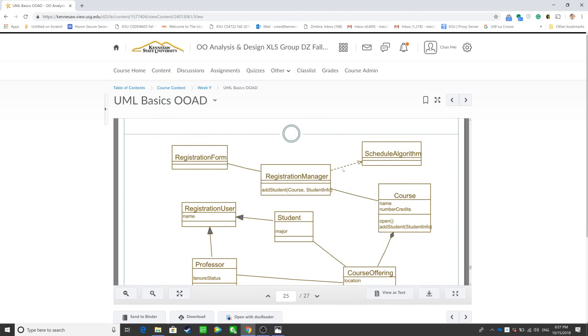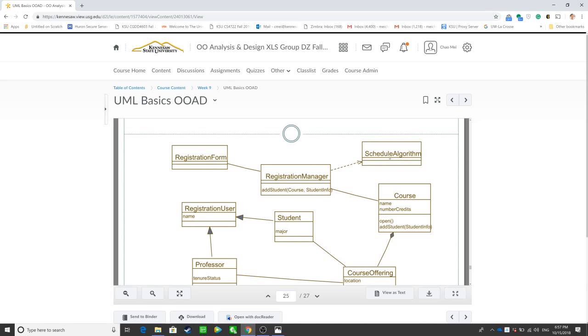And this dashed line with an arrow actually represents a dependency. Dependency means, for example, here, this registration manager depends on the schedule algorithm. What do we mean by dependency?